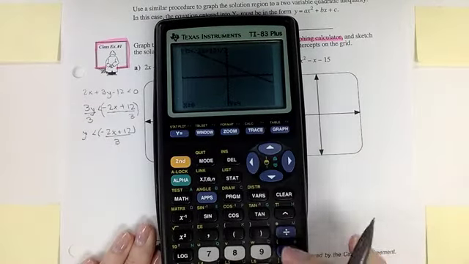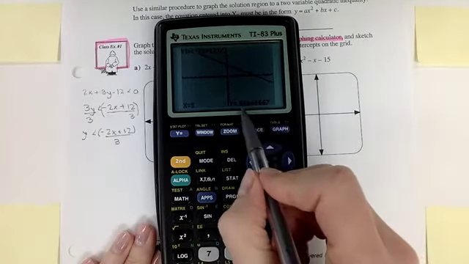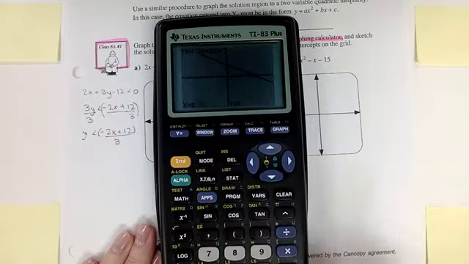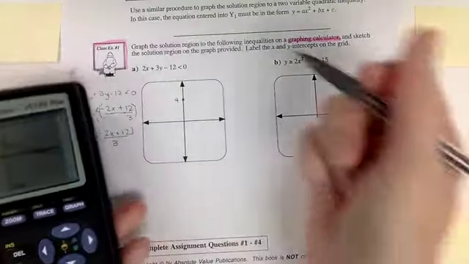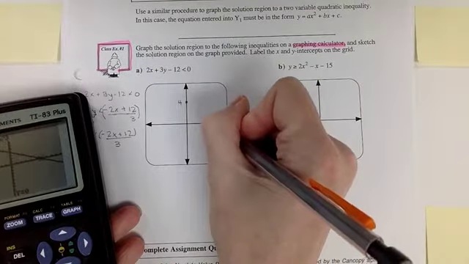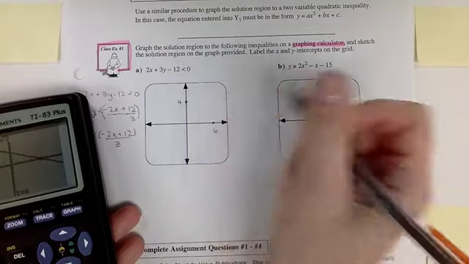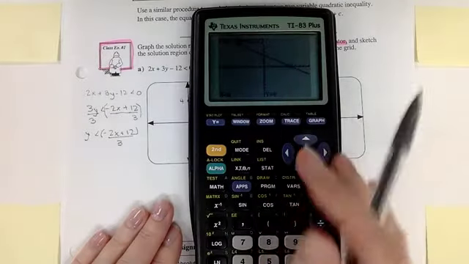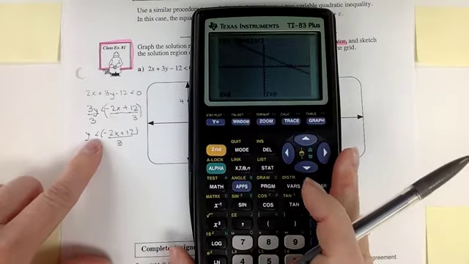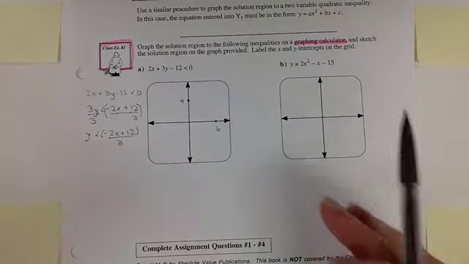Let's see, trace 5. No. Trace 6. Yes. I could do a y2 equals 0 and solve as well. Okay, 6.